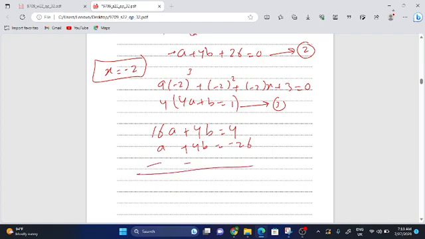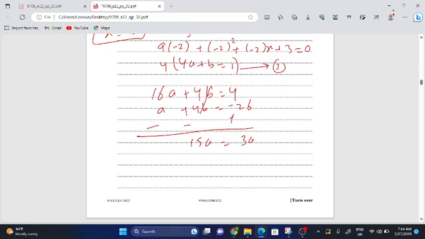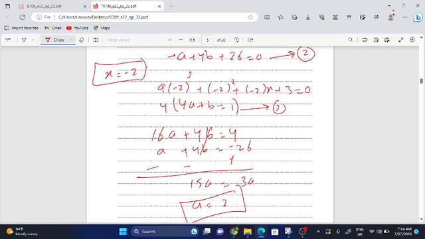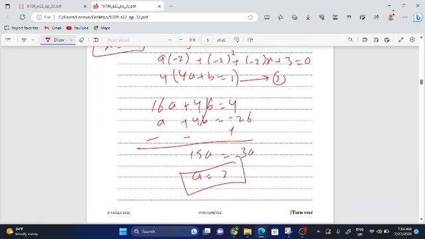So let's subtract the equations. The 4b terms cancel, and 16a minus a gives me 15a, which is equal to 30, and solving it, a is 2. Now plug back the value of a into either equation 3 or 2, according to your choice.